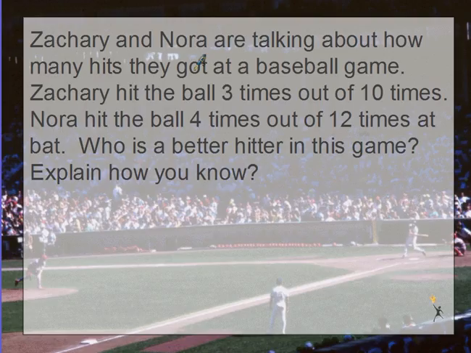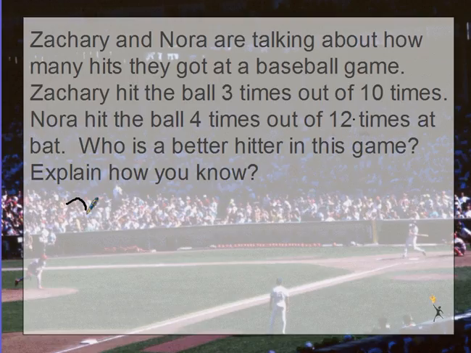Next one is Zachary and Nora are talking about how many hits they got at a baseball game. Zachary hit the ball 3 times out of 10. So write that as a fraction. Nora hit the ball 4 times out of 12 at bat. Write that as a fraction. Who is the better hitter?